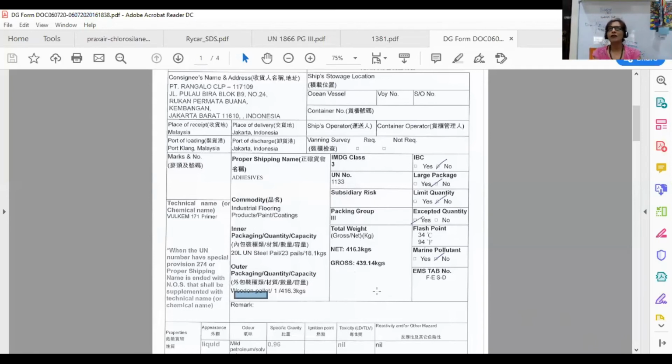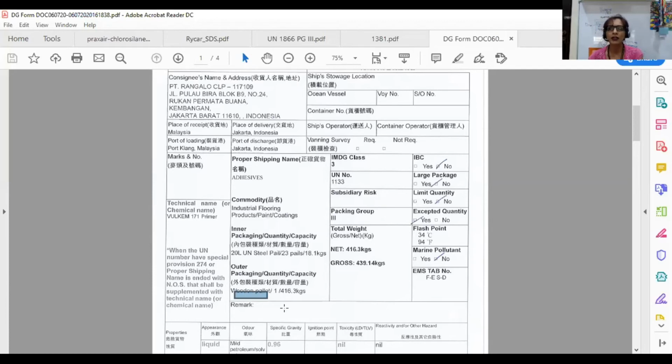Because I understand from a lot of our CPCs that, sadly, more than 50% of the DG that moves out of our ports is not in UN approved packages. And these are the CPCs in Port Klang telling me this. So when you declare this information, you put 1A1 or 4G or whatever, you are telling the carrier that you have followed that part of it.